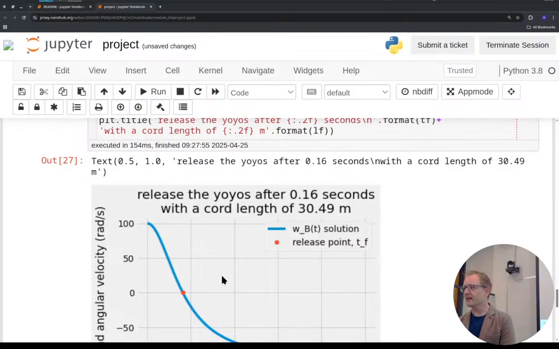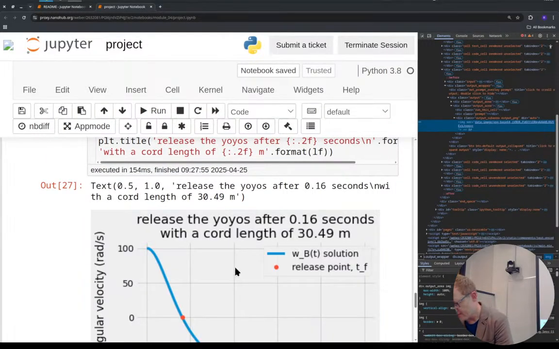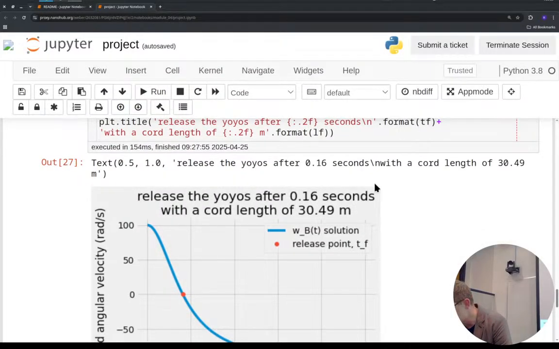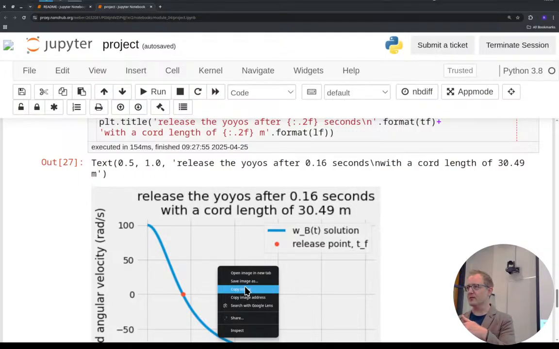Now you can copy the whole graph. You can put that under. Pull up a tab. Give me a second. Yeah, now I can say copy image and paste it wherever I want to put it.